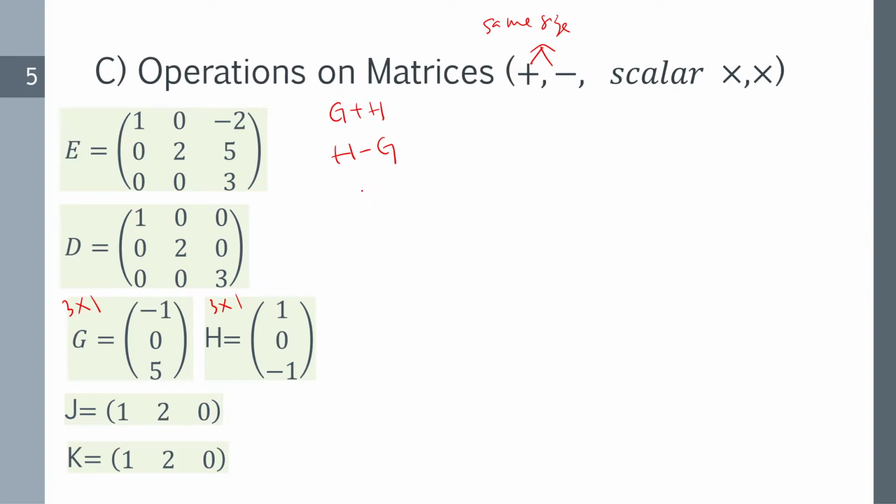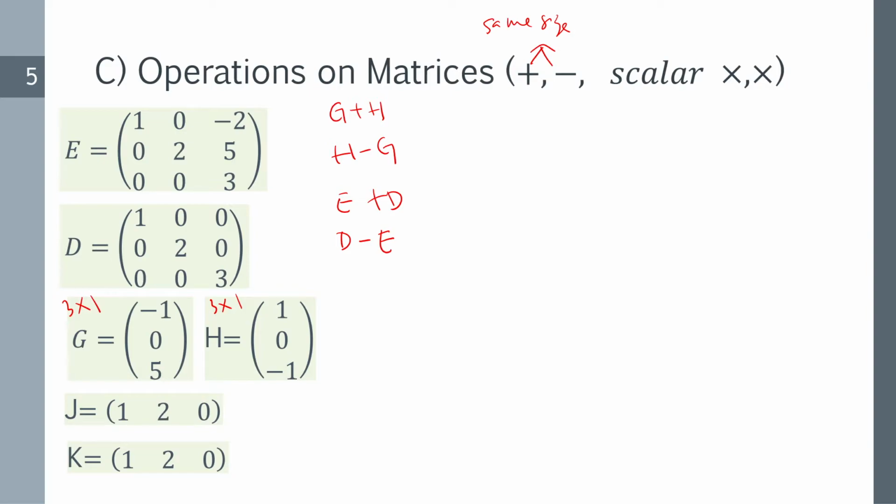So my E can only plus D, or my D can only minus E. They can only play with matrices of the same size.